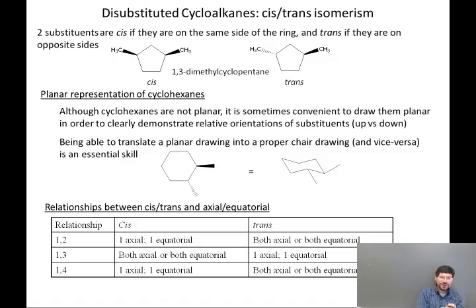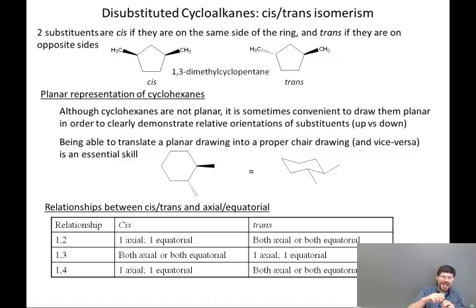The 1,4 relationship then turns out to be the same as the 1,2 relationship. If they are cis, in other words, if they are both up, one of them can be equatorial, but then the other one has to be axial.